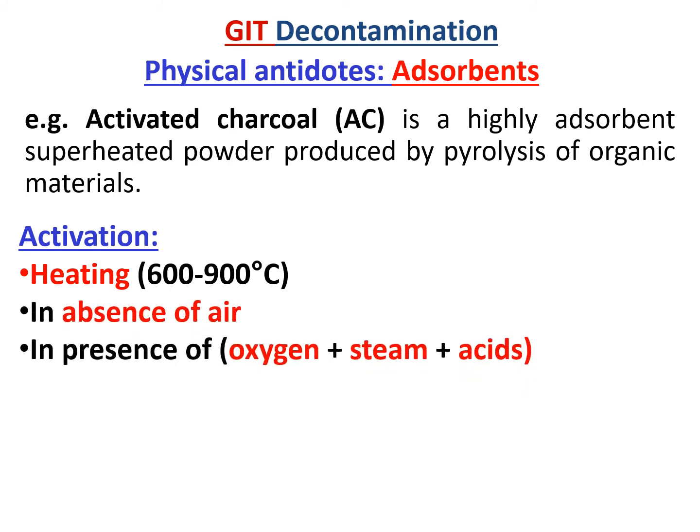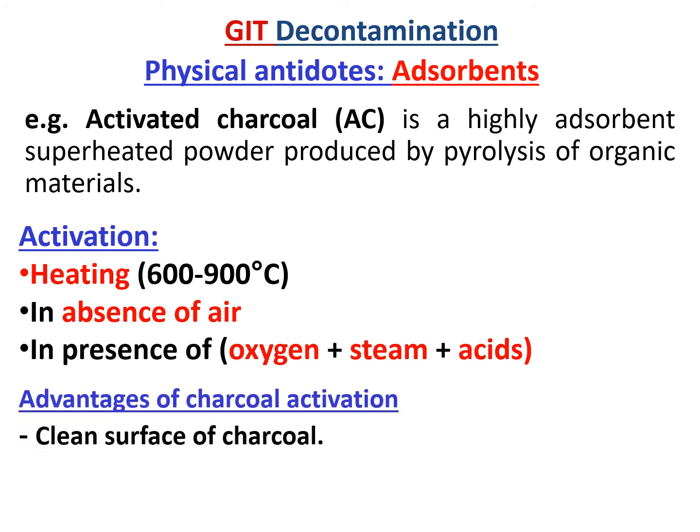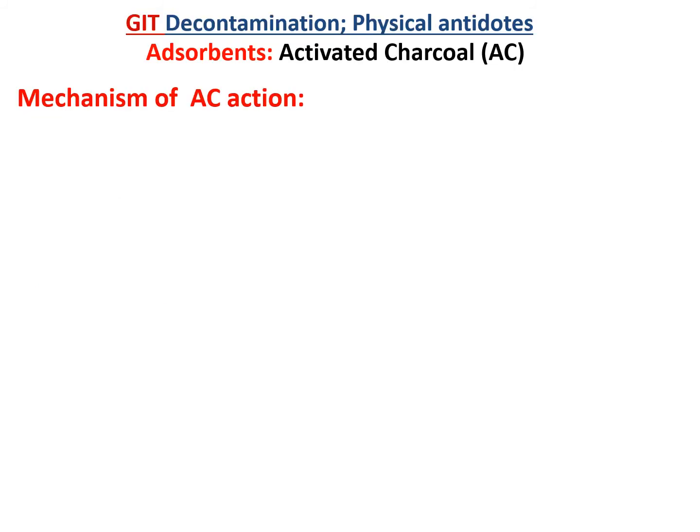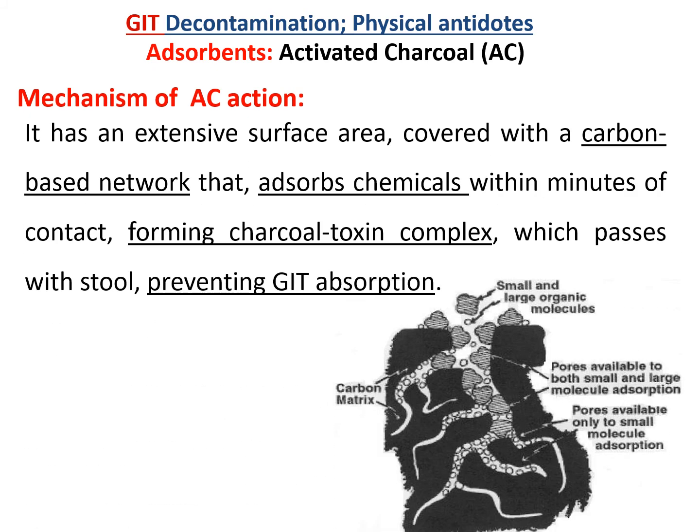The advantage of charcoal activation is to clean the surface of the charcoal and to increase its adsorptive power. To know what is meant by increasing the adsorptive power of activated charcoal, we have to know its mechanism of action. Activated charcoal has different sized pores on its surface: small, large, and medium sized pores.